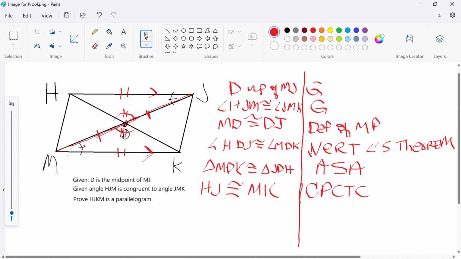And then I need those to be parallel, so I know that HJ is parallel to MK, and this is by the alternate interior angles theorem.